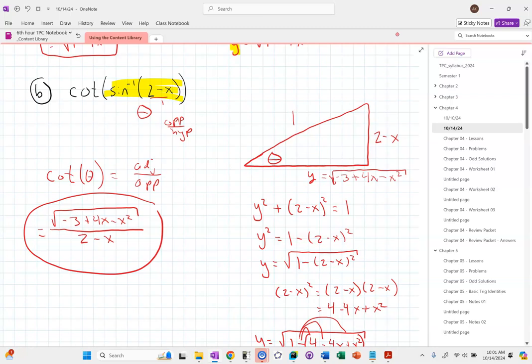So again, the way to think about this, I use the inner piece to draw a right triangle. Once I have that right triangle drawn, I then use the outer piece on that right triangle that I've drawn. But you got to get it all labeled before you're done, right? So you got to find that third side of your right triangle.